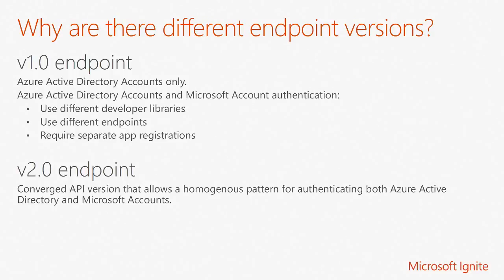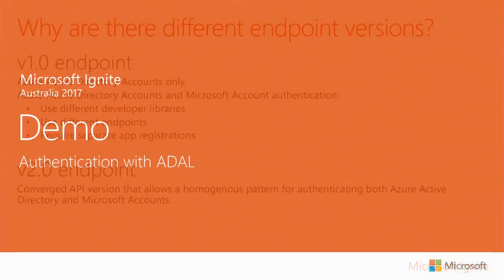So the V2 endpoints, or the converged API, was introduced. That converged API allows us to have one set of app registrations, although through a new portal, not through the standard portal. We'll have a look at that. But that one set of registrations means that within your applications you can leverage both account types.